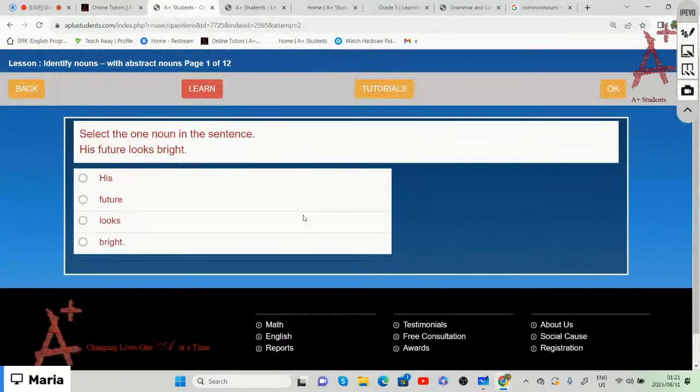We need to select the one noun in the sentence. His future looks bright. We need to choose one of the nouns. Is it his? Is it future? Is it looks? Or is it bright? We need to choose the abstract noun within the sentence.